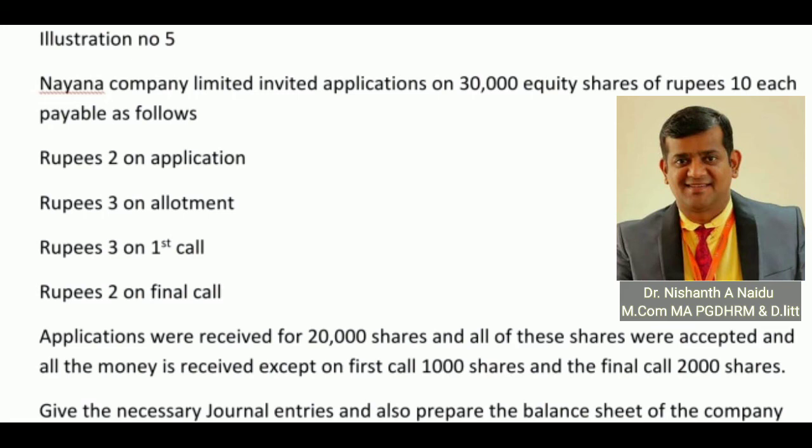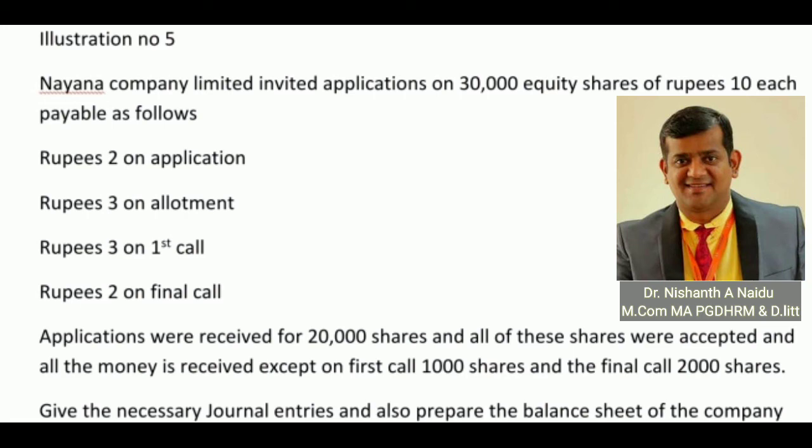So this is the situation where the company has offered more shares to the public, but the public has subscribed for fewer shares. When the company offers more shares and the public subscription is less than the offered, that situation we call under subscription. That is point number 1.